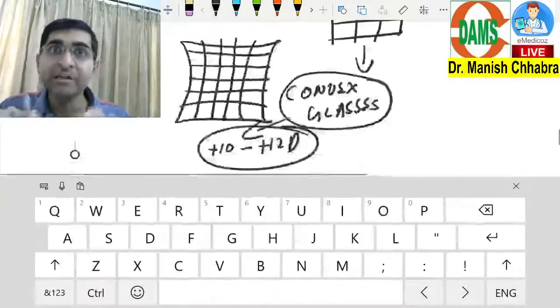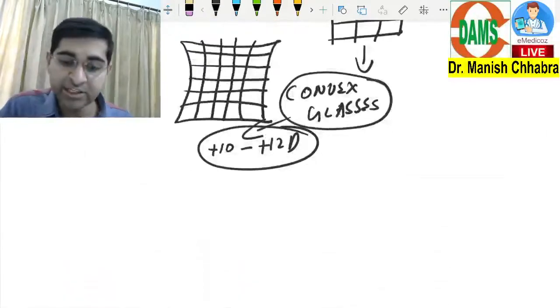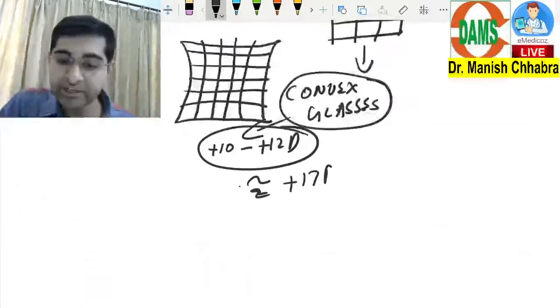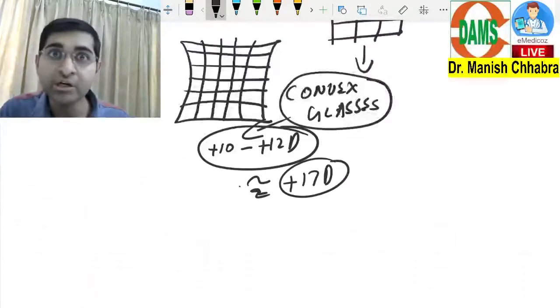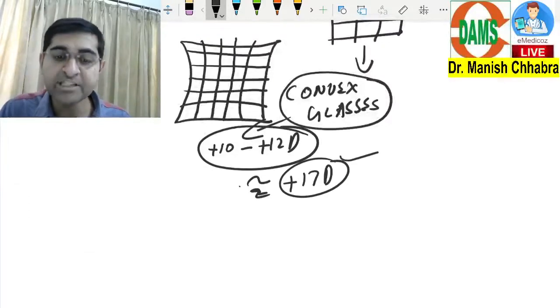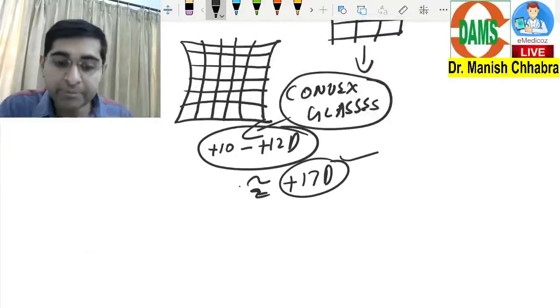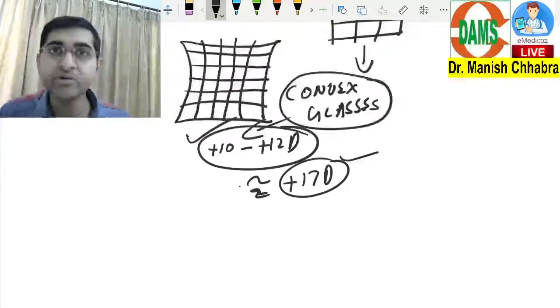But the power of the lens, I told you, is approximately how much? Plus 17 diopter. Now you would say, sir, the lens has been removed. The power of the lens is plus 17 diopter. Why are we prescribing glasses of plus 10 to plus 12 diopter? Why not plus 17 diopter?